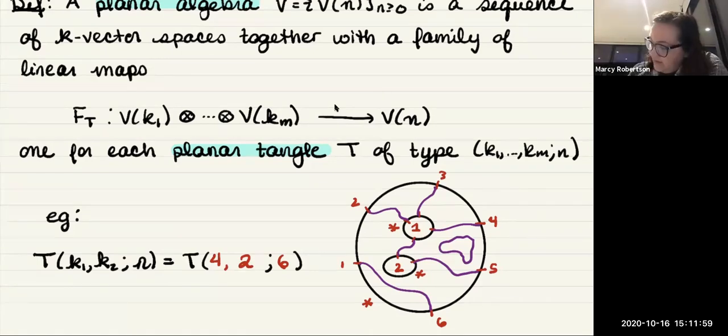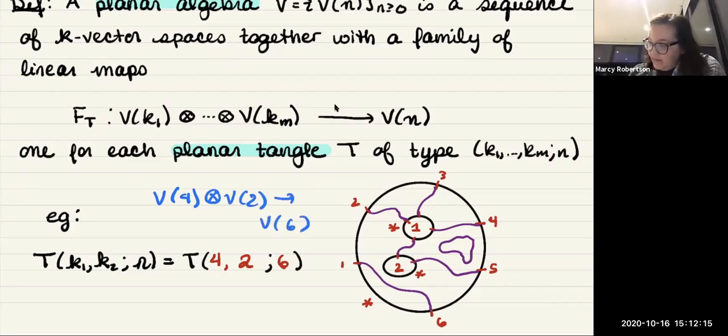So this is basically saying that this is a multiplication of some vector space indexed by 4, times a vector space indexed by 2, and it lands in some vector space indexed by 6. But this multiplication is specifically going to be given by this little wire here. So it's just a way of parameterizing tensoring.